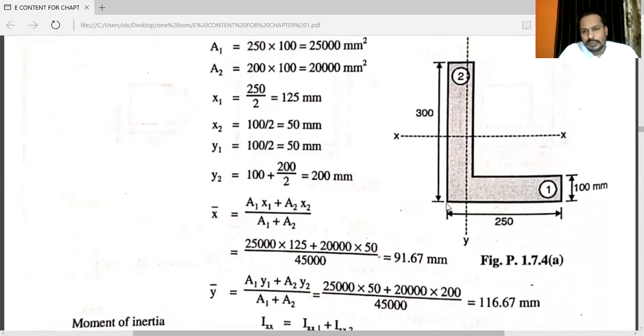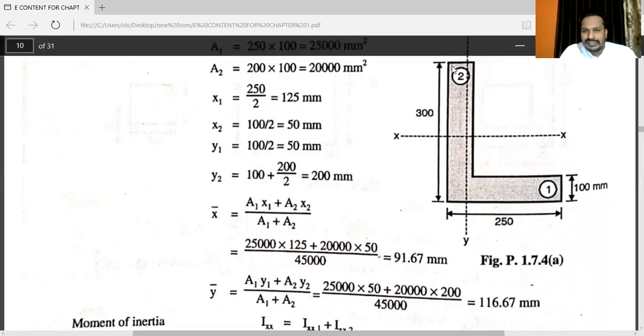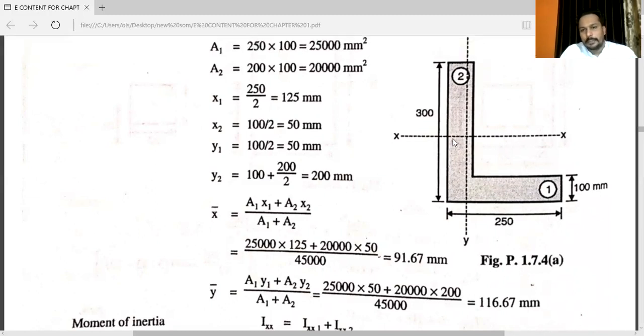This distance means from base to this horizontal axis, is this xx, and the distance is y bar, that is 116.67. And from this vertical axis and this vertical dotted line, the perpendicular distance between them, that is 91.67 according to the formula.